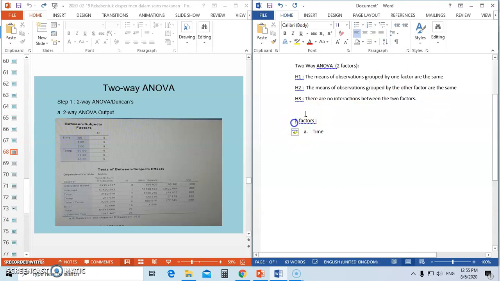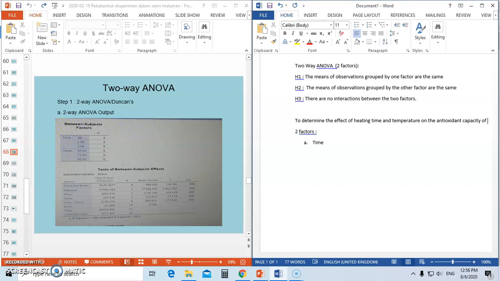Okay, so let's give an objective for this study. We want to determine the effects of heating time and temperature on, for example, the antioxidant capacity of an herb.